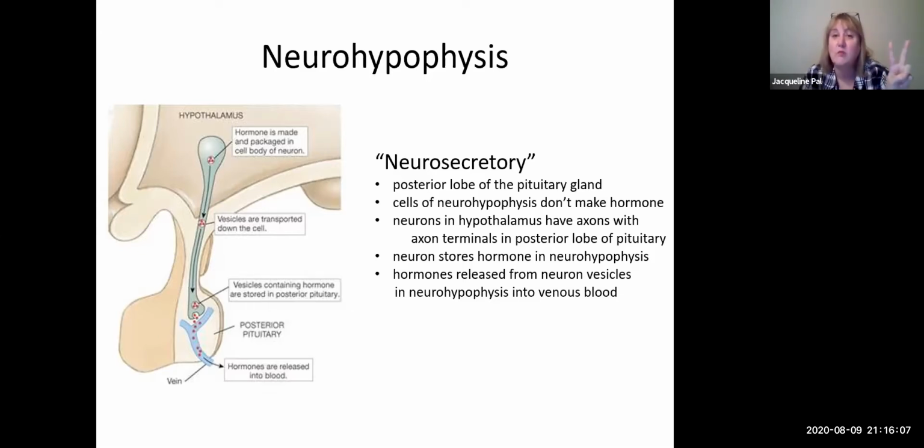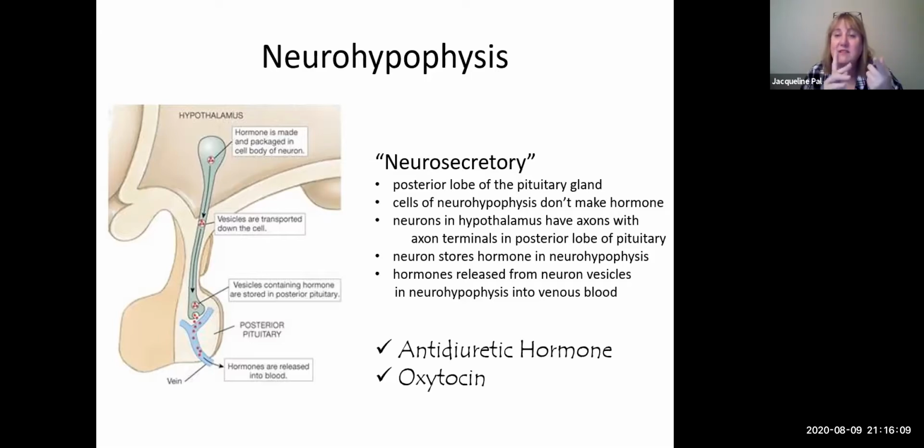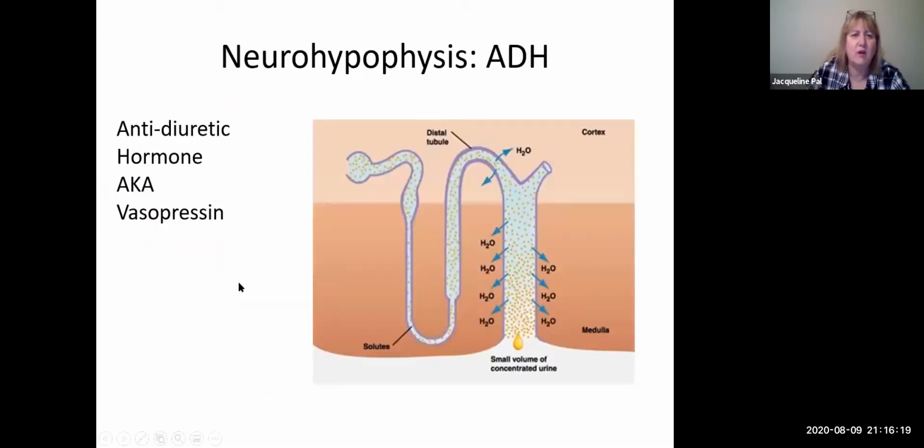Now there are only two hormones made here in the neurohypophysis, antidiuretic hormone and oxytocin. Let's talk about them one by one. In order to understand antidiuretic hormone, which is also known as vasopressin, and after you've written it a couple of times, you can abbreviate it ADH, but not on a test unless you've written out antidiuretic hormone.